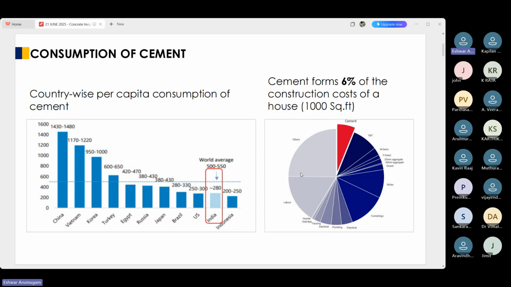If we exclude land, the approximate construction cost will come around 1,200 to 1,300 rupees per square feet, which means a 1,000 square feet house will cost 12 to 13 lakh rupees. Cement forms 6 to 7% of this total construction cost, which comes to around 1 to 1.3 lakhs approximately. So that is how relevant the product is. So let's move on to the next slide.